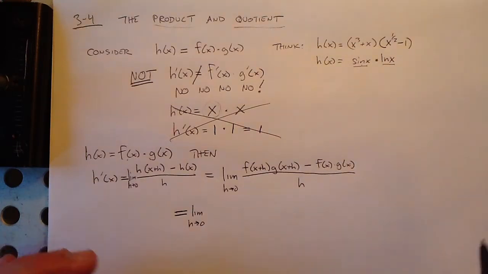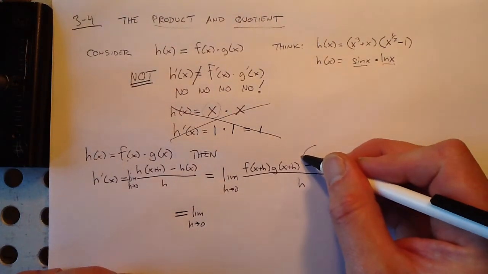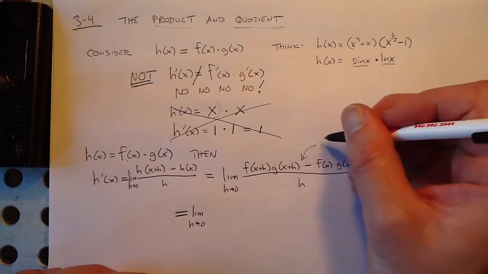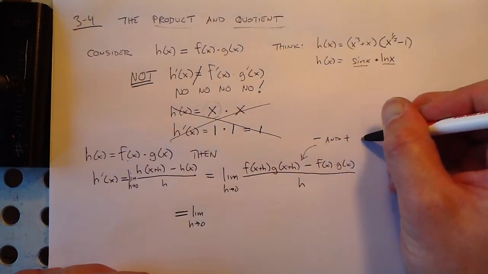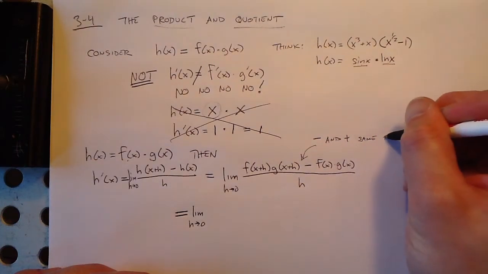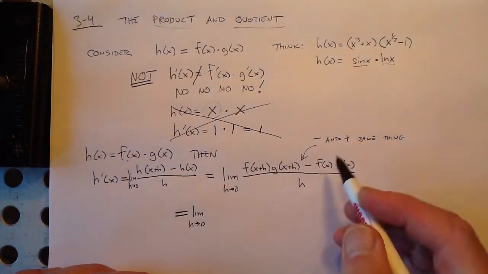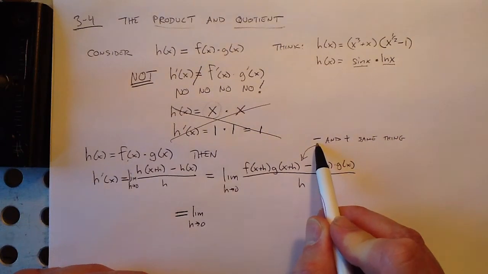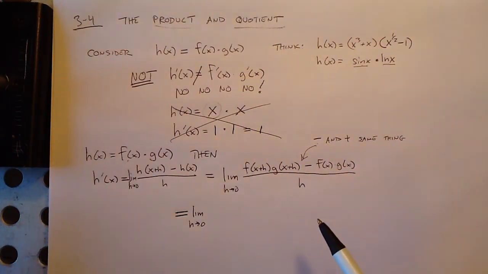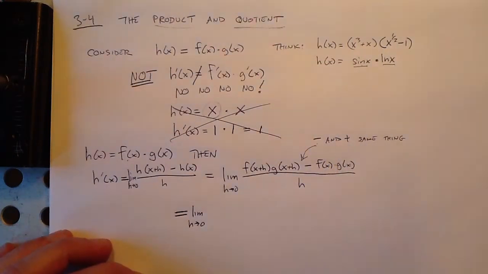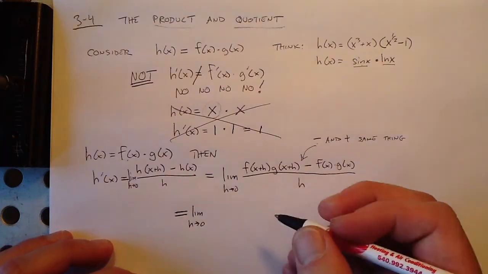So the weird, mysterious thing I'm going to do is, in the middle of these two terms, I'm going to subtract and add the same thing. Now, if you just subtract 2 and then add 2, you've effectively added 0 or not done anything, right? So you're allowed to do that. It's kind of a weird thing to do, but you are allowed to do that, of course, right? It's like adding 0.